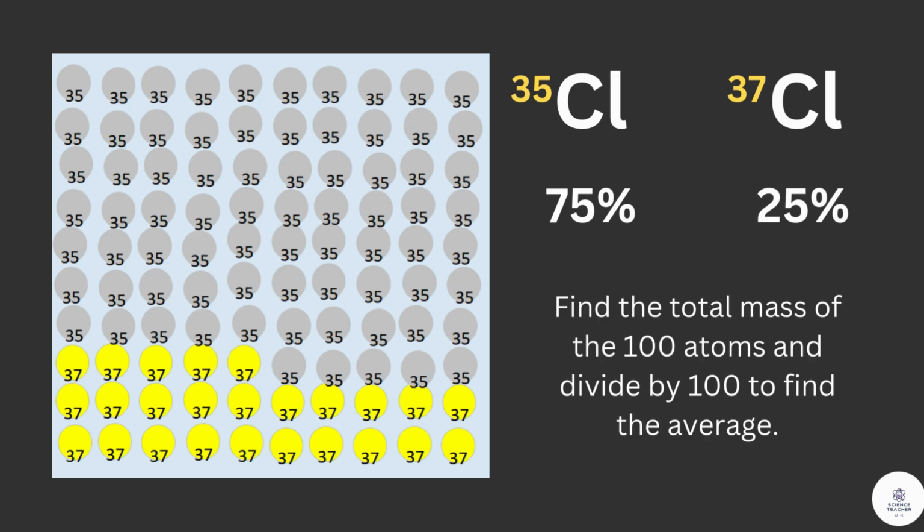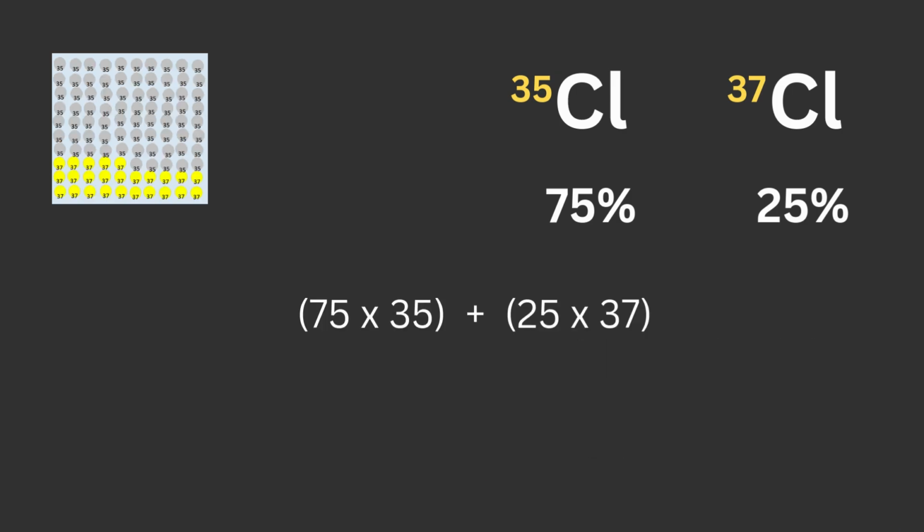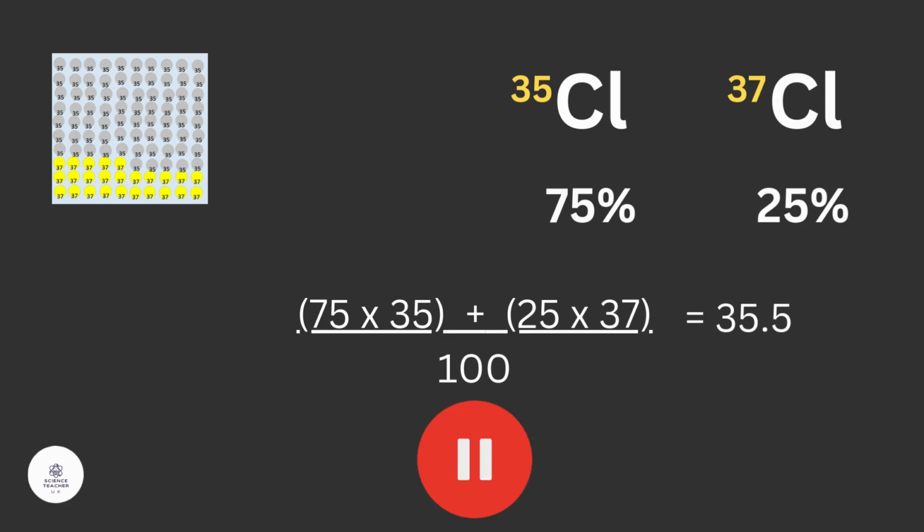To calculate relative atomic mass, you need to find the total mass of the 100 atoms and then divide by 100 to find the average. Answers are normally quoted to 1 decimal place, and this is usually stated in the question. Pause the video while you write down the example.